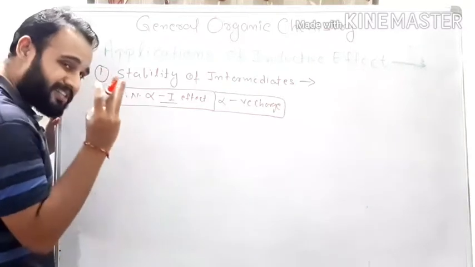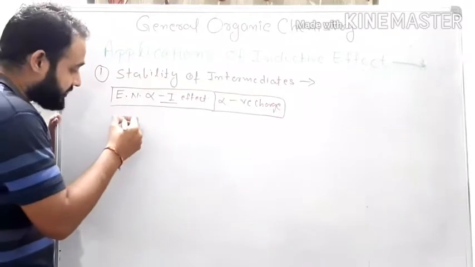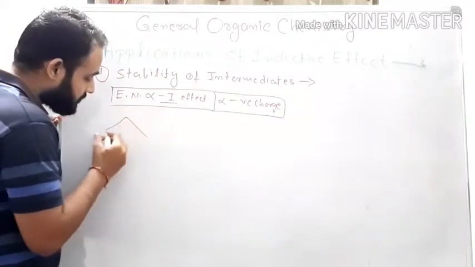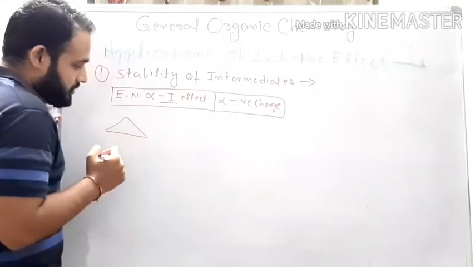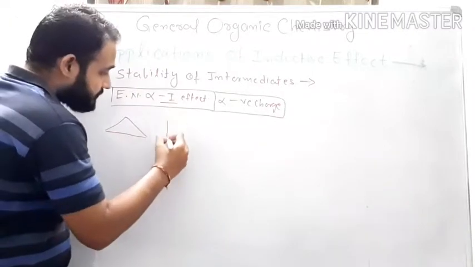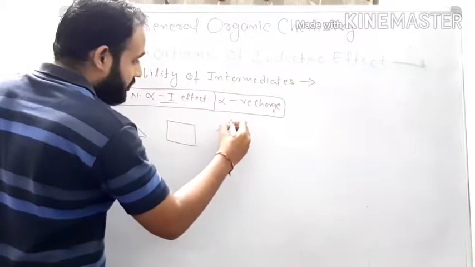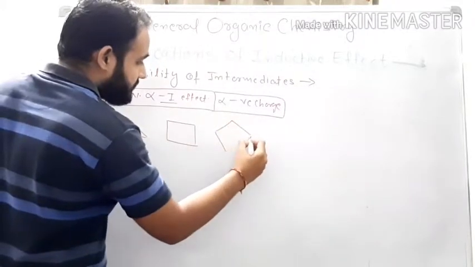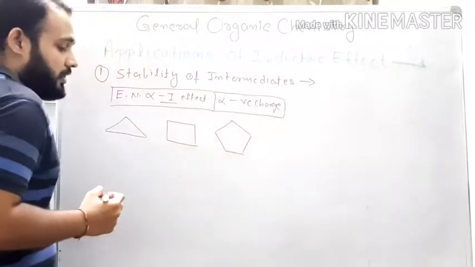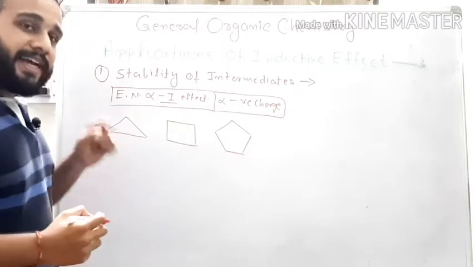Suppose we have three cyclic compounds, that is cyclopropane, cyclobutane and cyclopentane. Understand? Now we have their cations and anions.